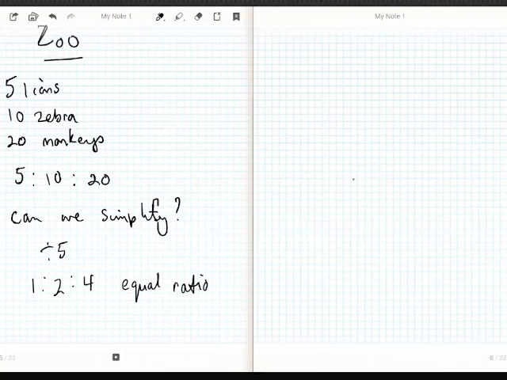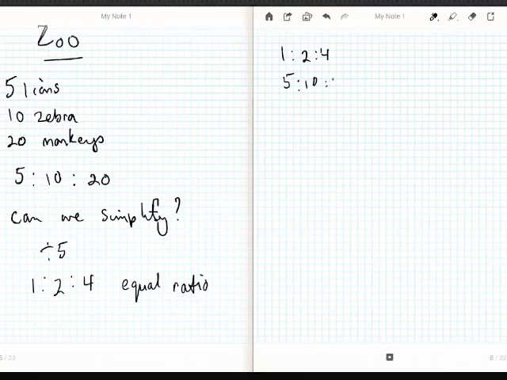Now, other equal ratios may be like this. So we had 1 to 2 to 4. We could have 5 to 10 to 20. We could have 10 to 20 to 40.